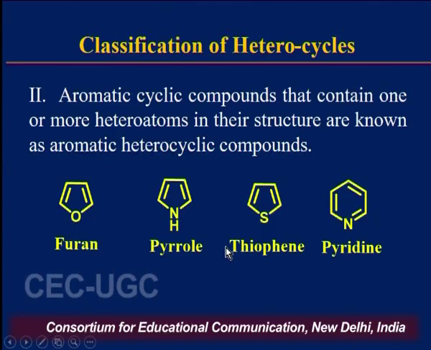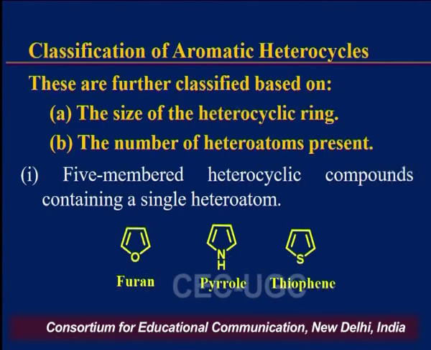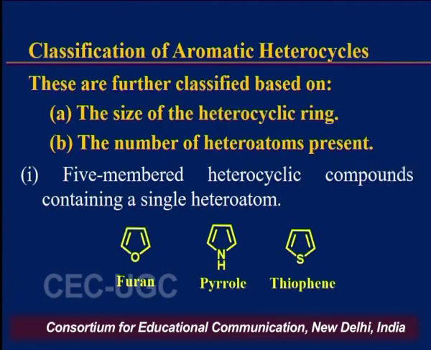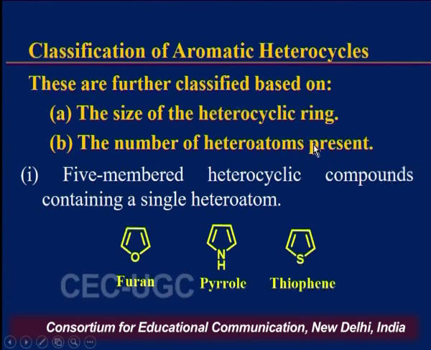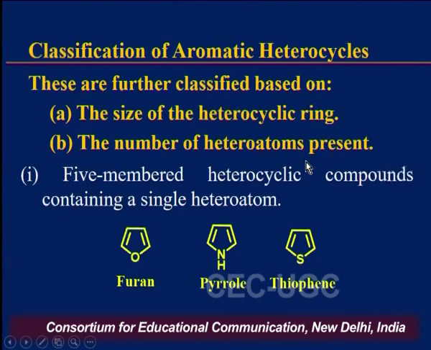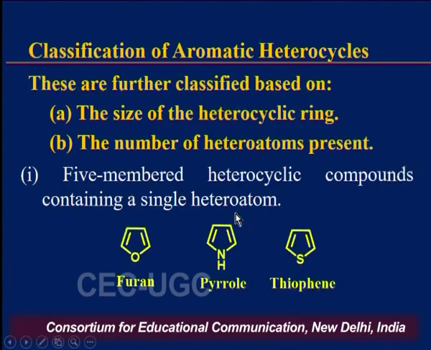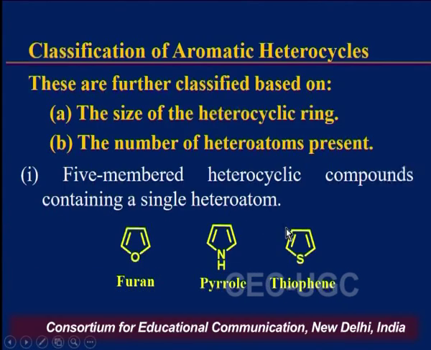Further, the aromatic heterocyclic compounds are classified into 5 classes. These 5 classes have been divided on the basis of 2 parameters. The first parameter is the size of the heterocyclic ring, and the second parameter is the number of heteroatoms present. The first category is when the ring size is 5-member and it has only one heteroatom.